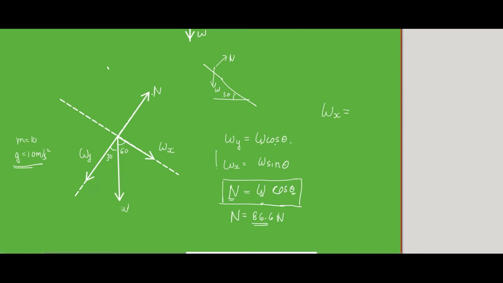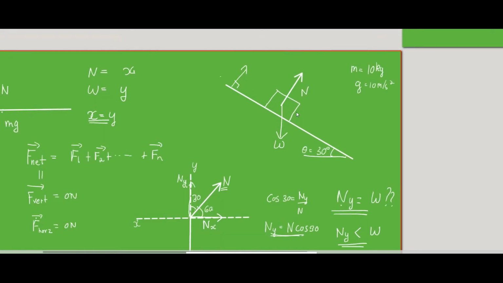Wx is over here. Cos 60. 15 newtons? Okay, fine. Now, we know there is 50 newtons of force acting in this particular direction.